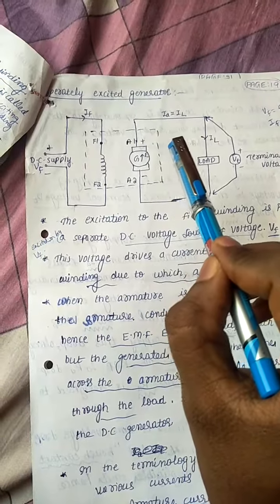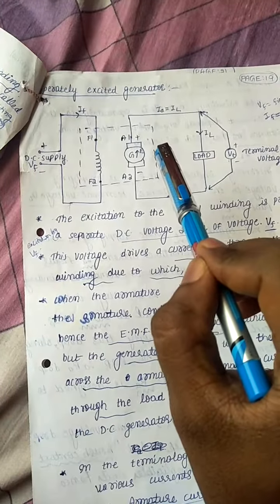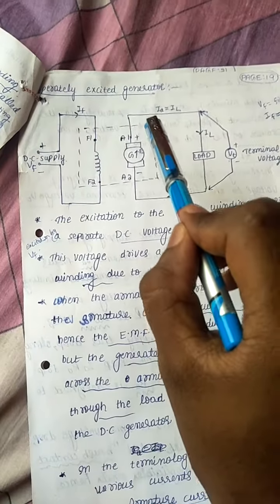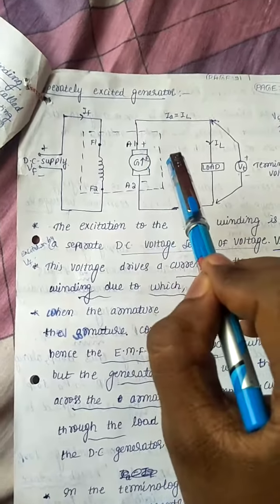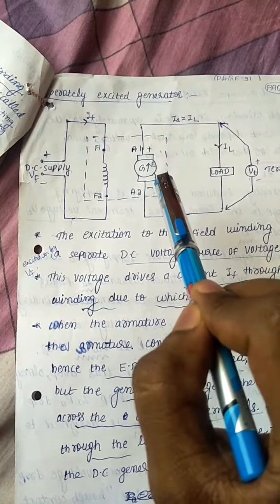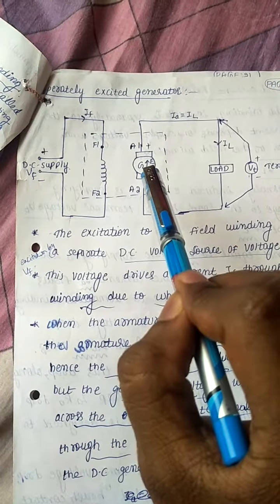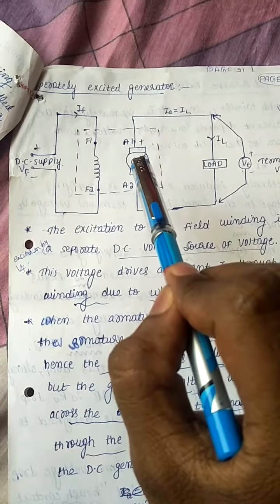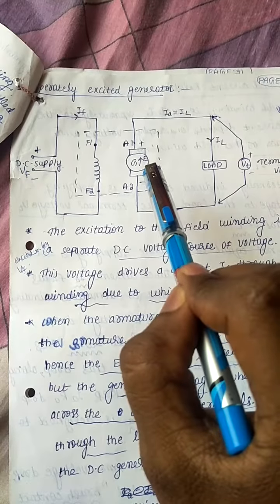When the armature conductors rotate, the armature conductors cut this flux. EMF will be induced in the generator. The generated EMF is indicated by E, and this arrow mark indicates the direction of the current due to the generated EMF.